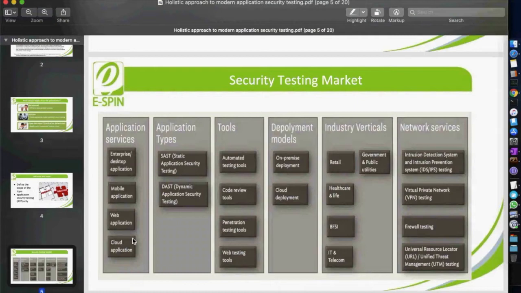We are also touching on static and dynamic, whether it's automatic testing, source code, pen testing, web testing tools, or on-prem and cloud, or very specific to retail, healthcare, banking, financial and insurance sectors, or even IT and telco. The same as well for government and public utility specific applications.